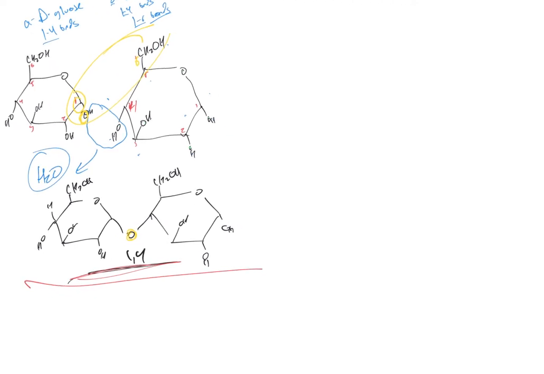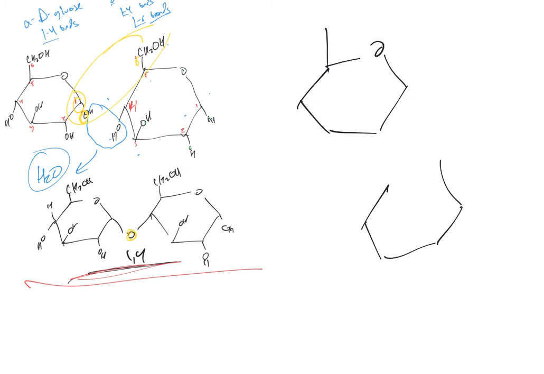So if I was to draw a 1,6 bond, I would have one molecule here, and the other one would be down here. Right, there's my C, and there's my bond. 1, there's my 6, there's my 1, there's my 1,6 bond.